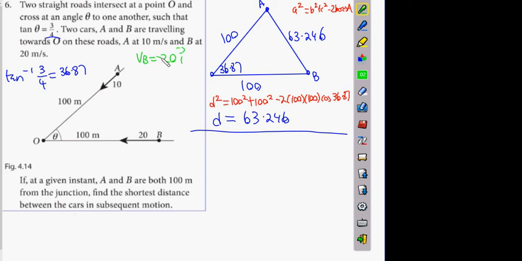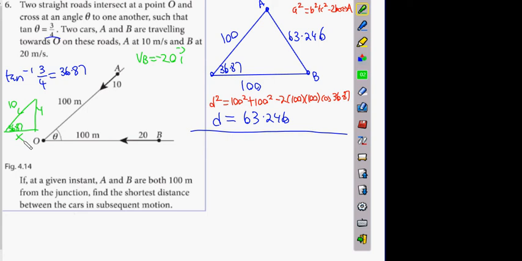To figure out VA, we know it's going at 10 down this direction here, and we know this angle is 36.87. Then we want to find out what x and y are.